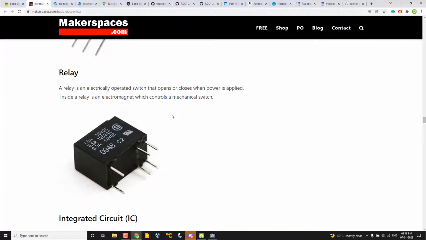That is possible using a circuit component called a relay. A relay is a switch that can be controlled using a signal. If you give a voltage like 5 volts, the switch will be closed, and if you remove that voltage, it will be open. So it's a switch that can be controlled electronically. That is a relay.